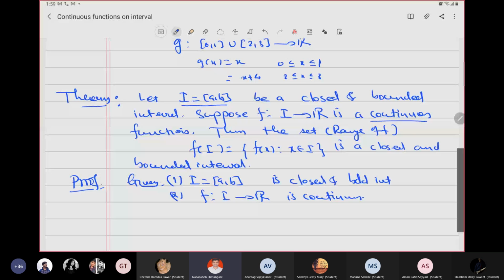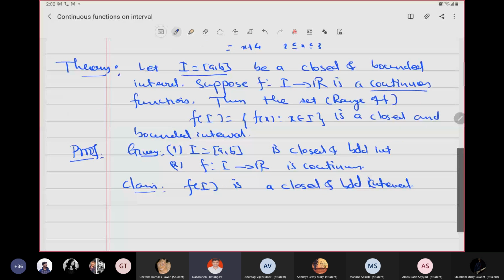What is our claim? f of I is a closed and bounded interval. So that is, f of I is some interval [c, d]. Right? f of I is some closed and bounded interval [c, d].